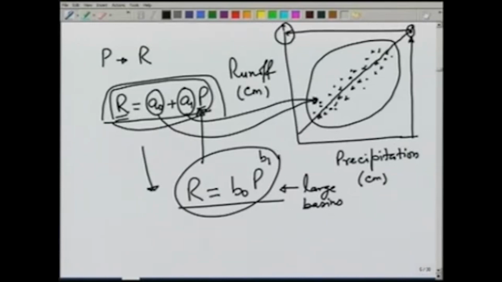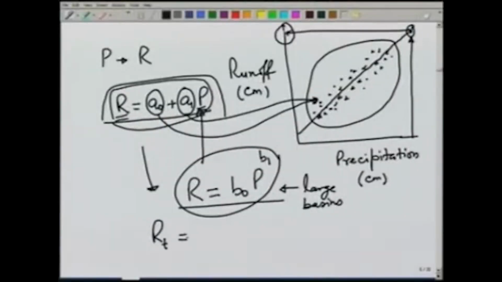Some other options are that instead of relating it with rainfall of that time, for example, that year or that month, you relate the runoff with precipitation for that time and also a few previous times. For example, if in a year there is some rainfall, the runoff will also depend on what is the rainfall in the previous year, because if the rainfall in the previous year is more, the ground is likely to be wetter and therefore, there will be more runoff.